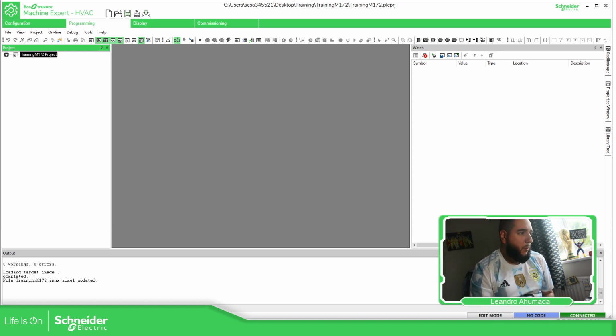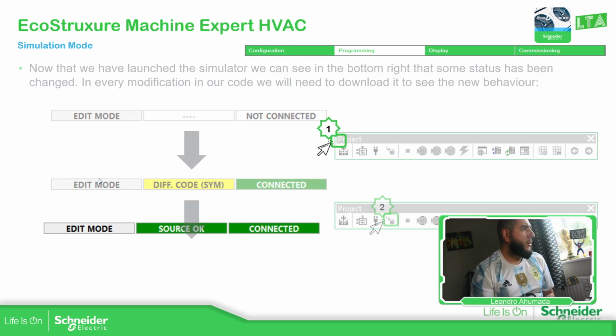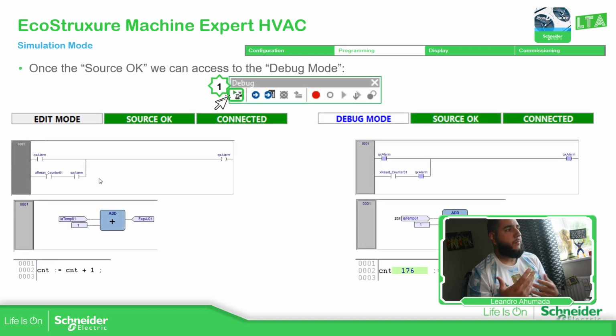If we go back to the presentation again, once we are connected to the controller, we should be able to download our project to it. For that, we just need to use this icon over here with a cylinder with an arrow to download the project. Here we have two different options: full download and download. In this particular case, I'm going to make a download.